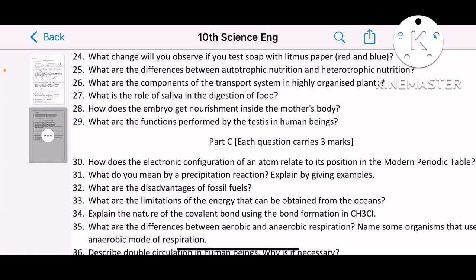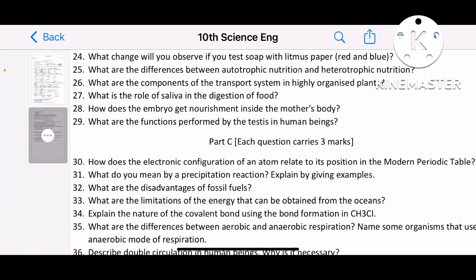So we will write the answer as components of transport system in plants are: number 1, xylem tissue. Vessels and tracheids of roots, stems and leaves are concerned with the transport of water and minerals. Number 2, phloem. It consists of sieve tubes and companion cell. It transports food, amino acids and other substances from leaves to various parts of the plant.